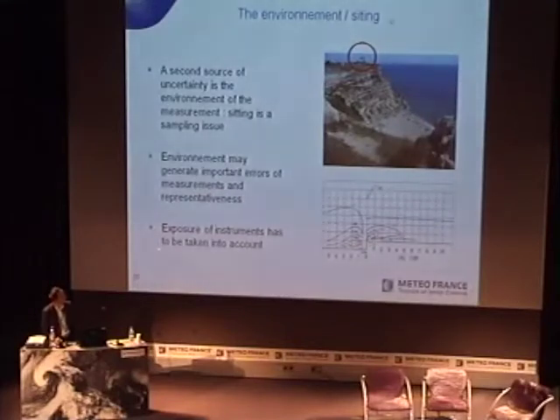So in this example, you are really close to this location, which is symbolized as 1.7. And so this location really overestimates the wind that is in a more global view.